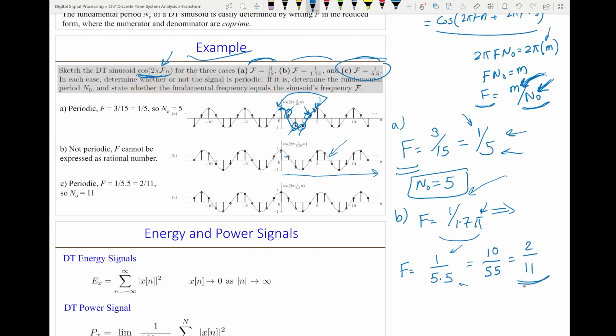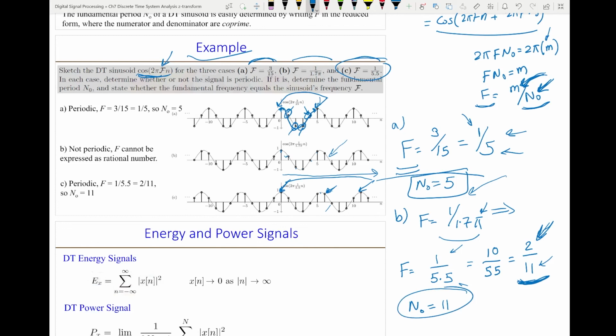Now this is periodic because the numerator and denominator are integers, and I simplified them to the lowest level where they are co-prime. Now the fundamental N is 11. I have 2 cycles per 11 samples. So these samples: 1, 2, 3, 4, 5, 6, 7, 8, 9, 10, 11, and then it repeats. See, this equals this, and this equals this.